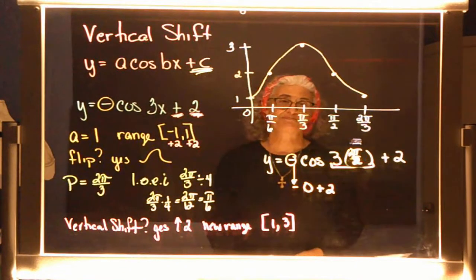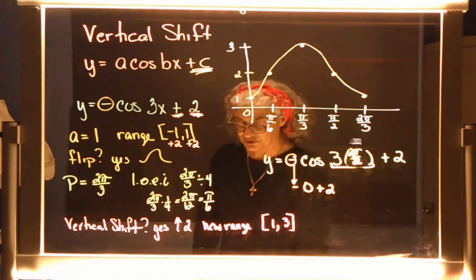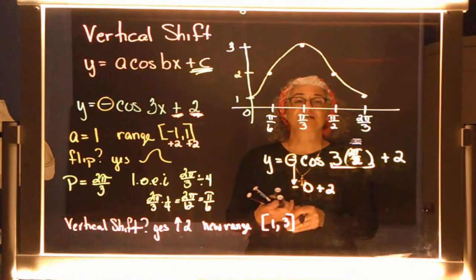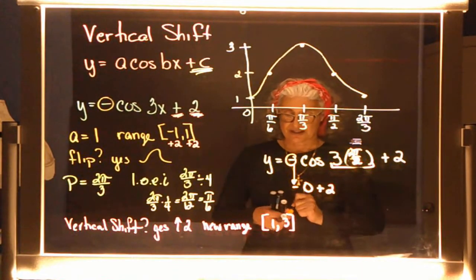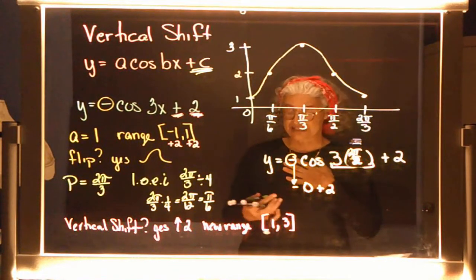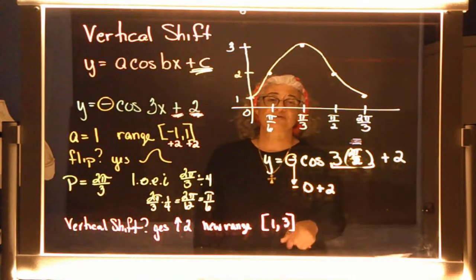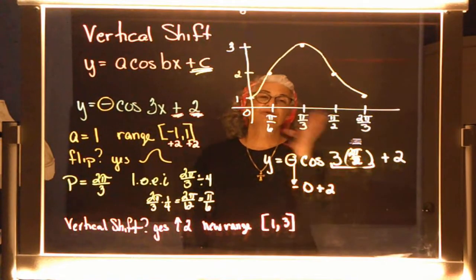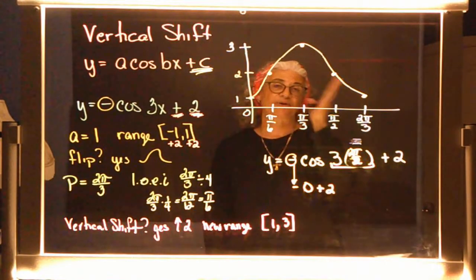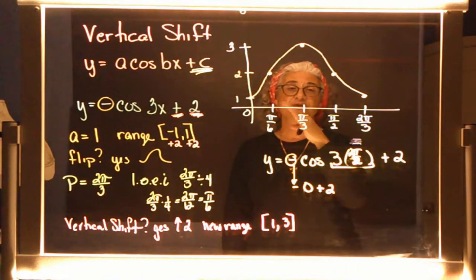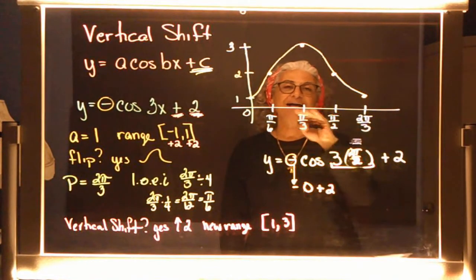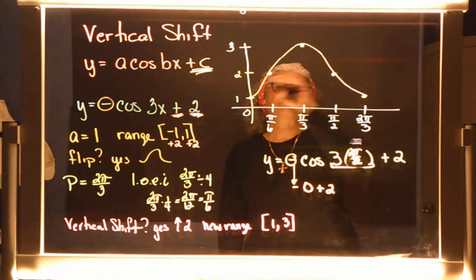I sure did. Now, here's the thing. There's one other piece of information that this vertical shift is telling me that I can actually identify. Not only did we get the new range of 1 to 3, but if you look at all the other cosine and sine graphs that we did prior to this one, wasn't this x-axis cutting through the middle here?